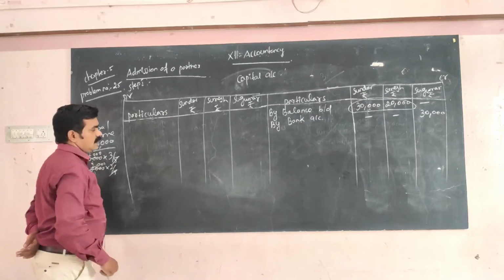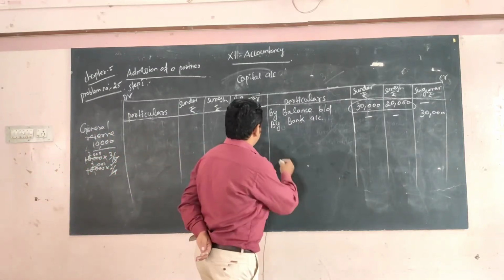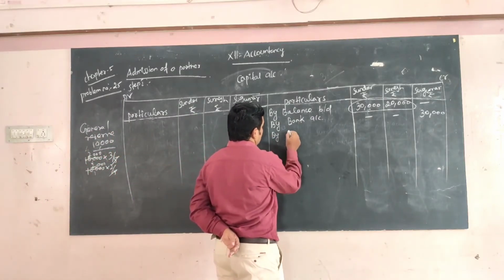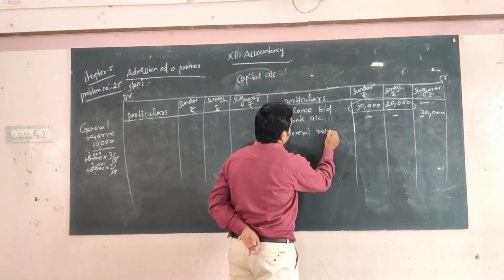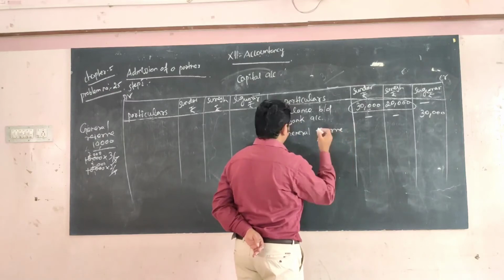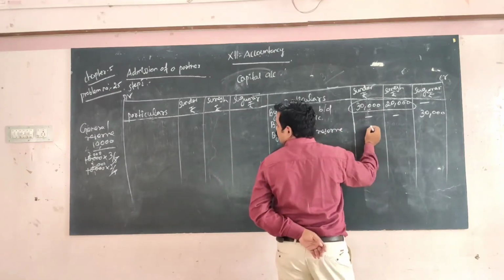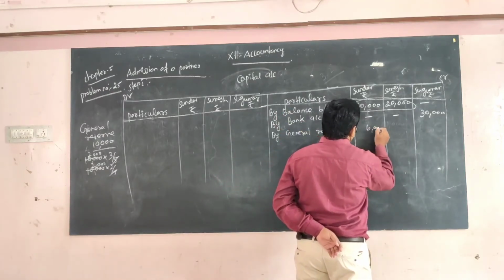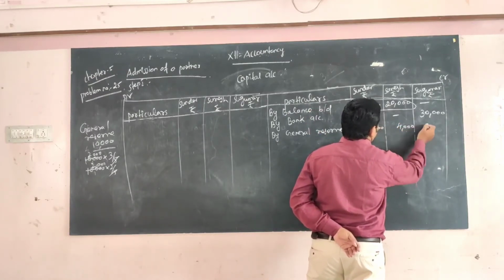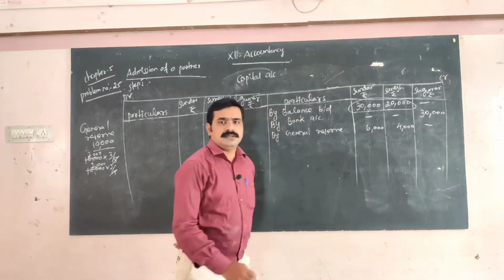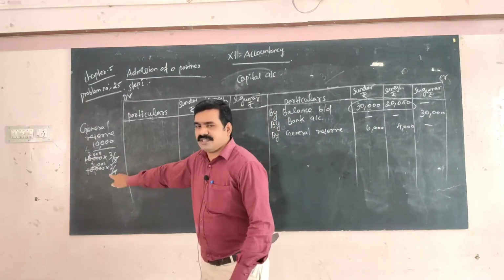So 2,000 into 3 is 6,000 by general reserve, then 4,000. This is the calculation part.